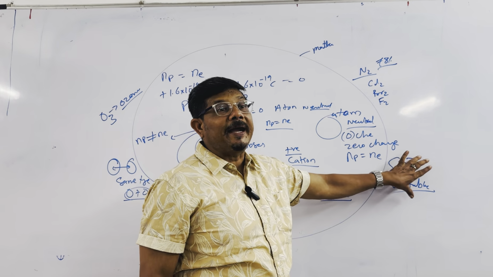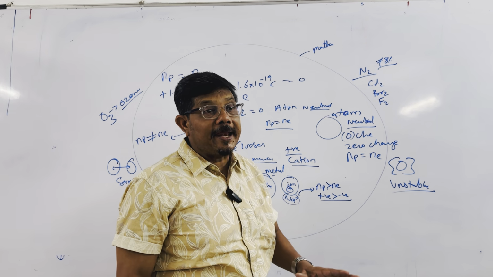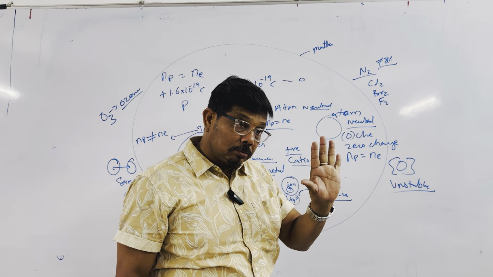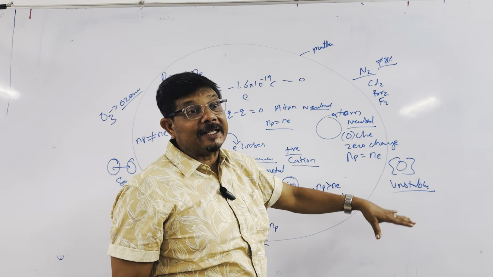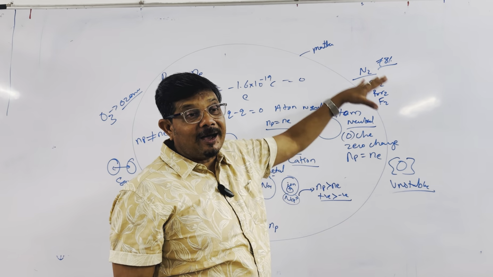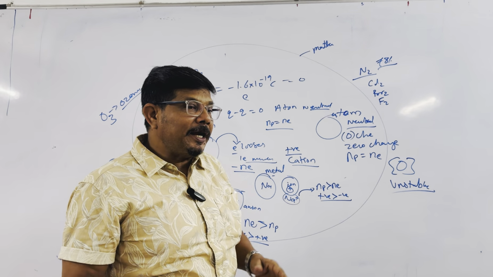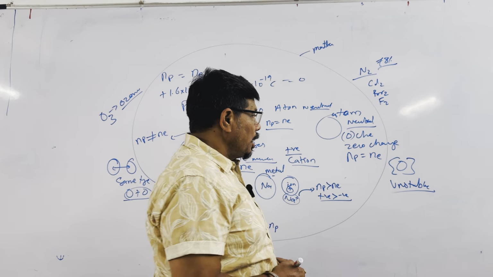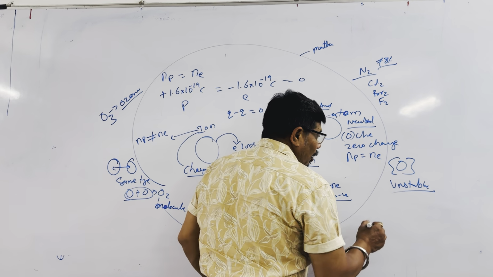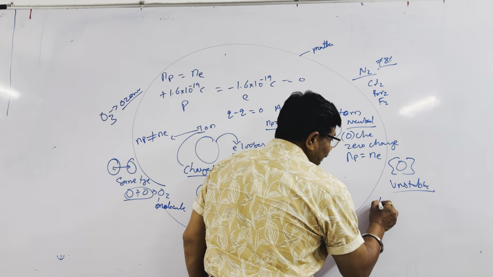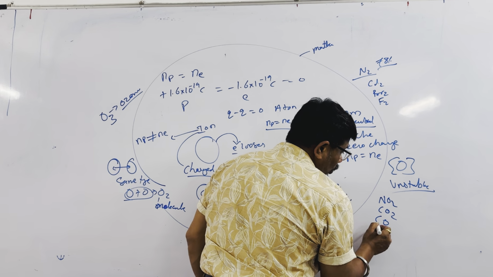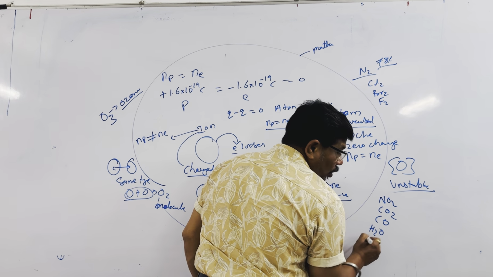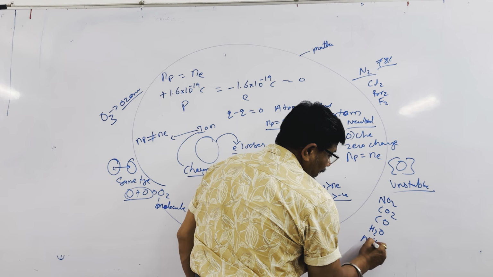So you can't find O, N, Cl alone. They are always in molecular form. These are all gases, and gases are always in molecular form. But in modern chemistry, there are also stable forms of different elements like NO2, CO2, CO, H2O, NH3.